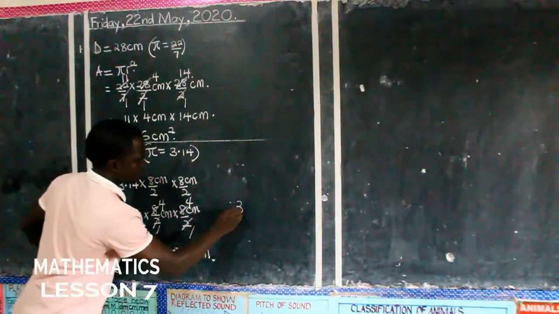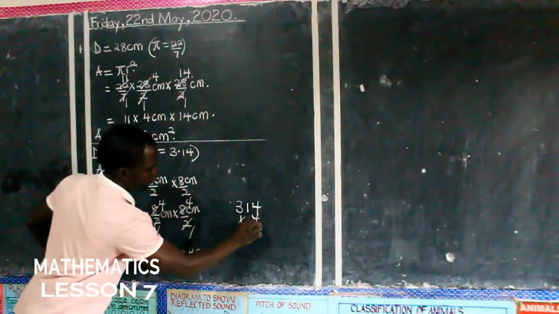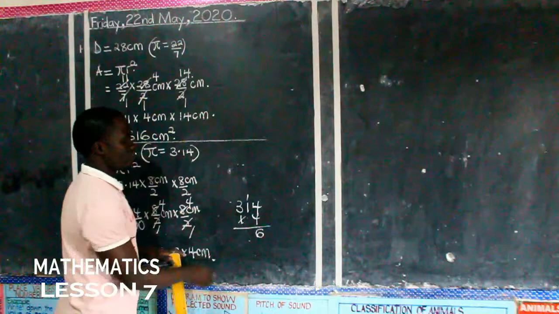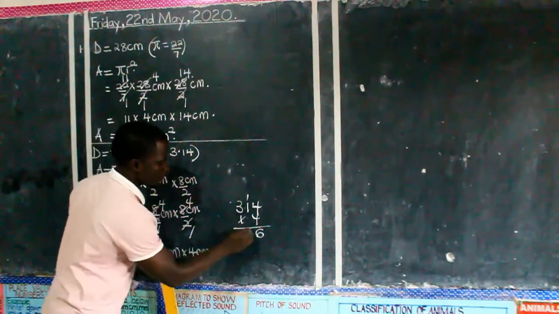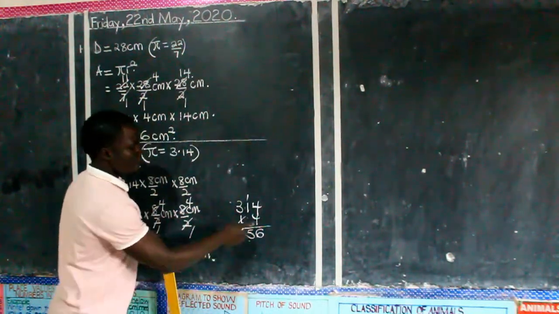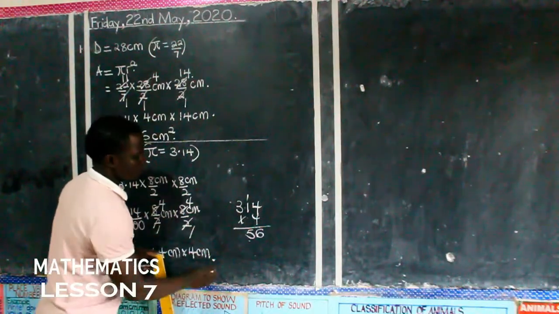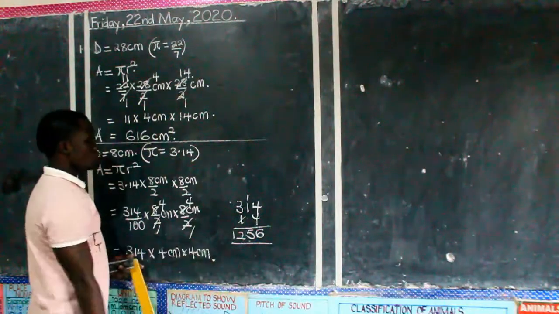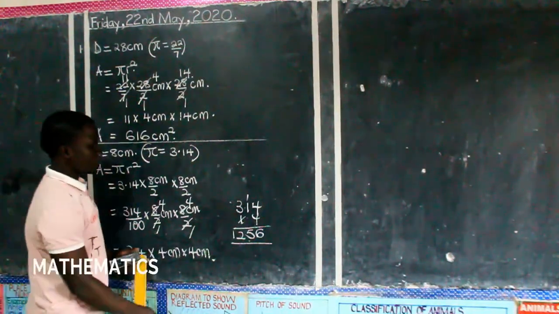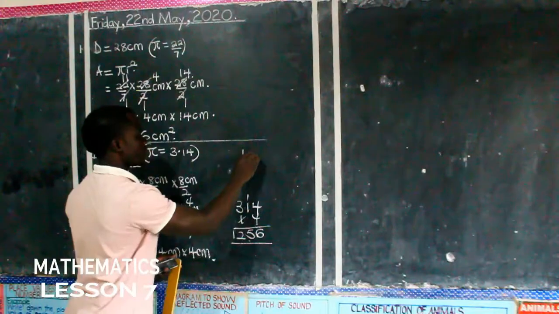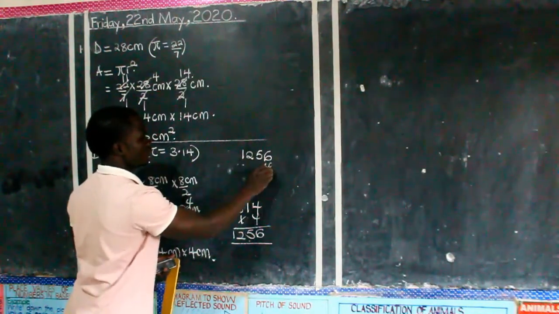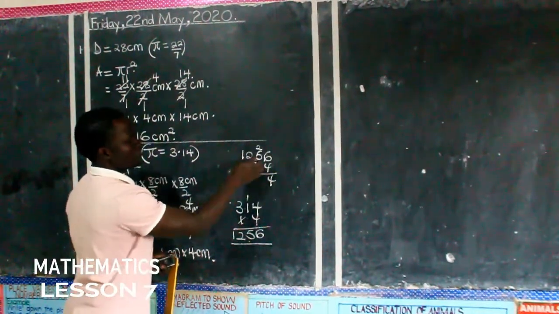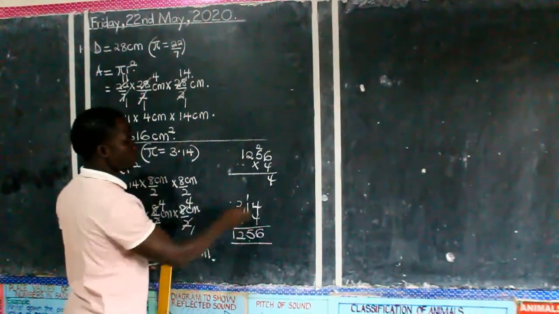314 times 4. 4 times 4, 16. Right? 6, carry 1. 4 times 1, 4 plus 1, 5. Okay? 4 times 3. We shall get 12. That is 1,256. Times again 4. 1,256 times 4. What do we get here? 4 times 6, 24, carry 2. 4 times 5, 20 plus 2.